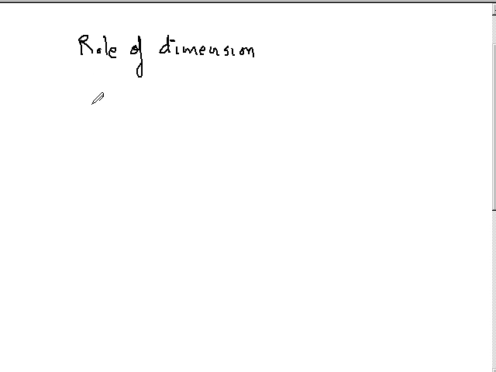For example, if you have a differential equation, say of first order, a first order ordinary differential equation. What does that look like?